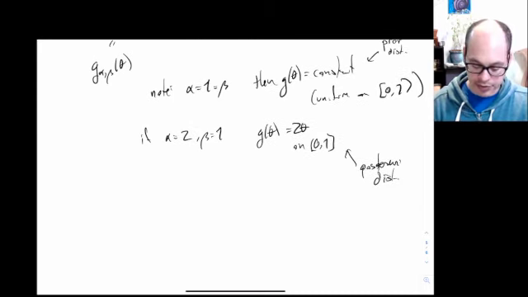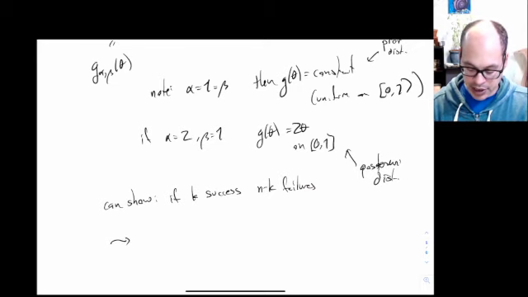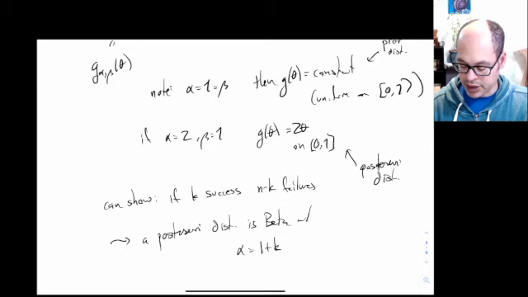And more generally, you can show that if we get k successes and n minus k failures, then the a posteriori distribution is beta, with alpha being 1 plus the number of successes, and beta being 1 plus the number of failures.